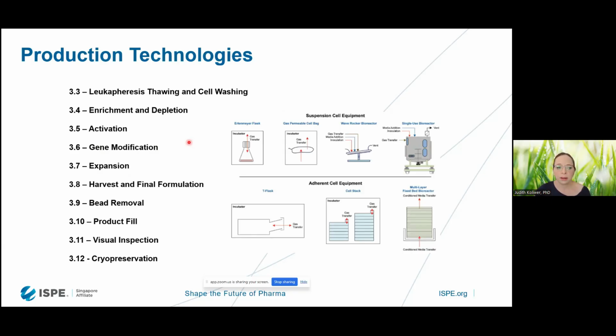And where we said, when it comes to viral modification, obviously we are adding our lentivirus or maybe adenovirus to our cells, which, very similar to the activation, can really be either a module in a cell processor or a manual step.